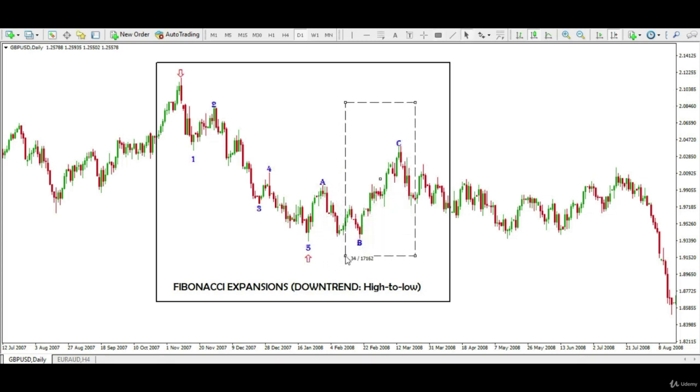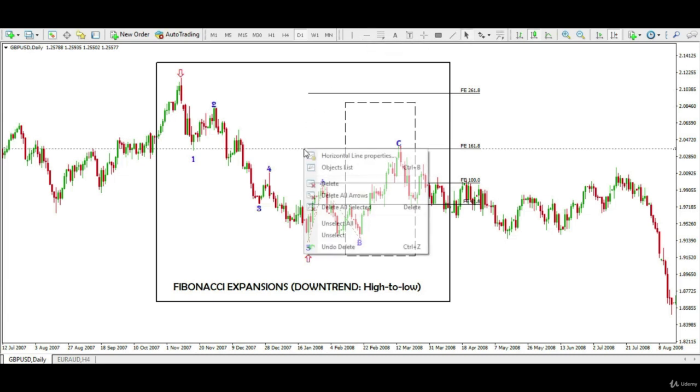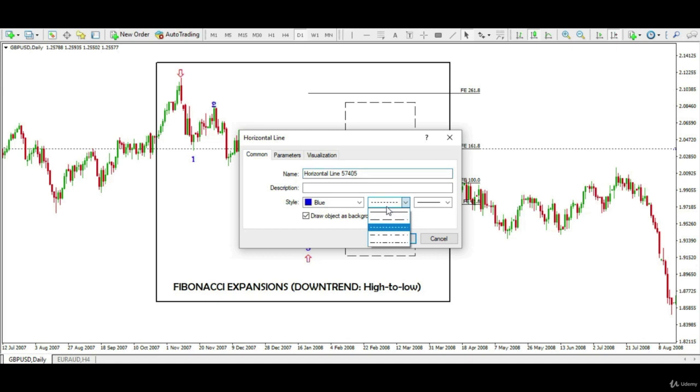Now to project the termination of wave C, we use the complete price traveled by wave A and wave B, as you see here. And look, wave C terminates exactly where Fibonacci expansion 161.8% is.